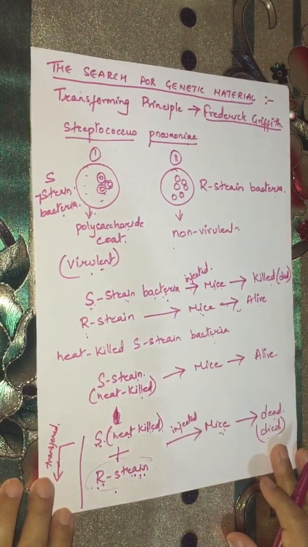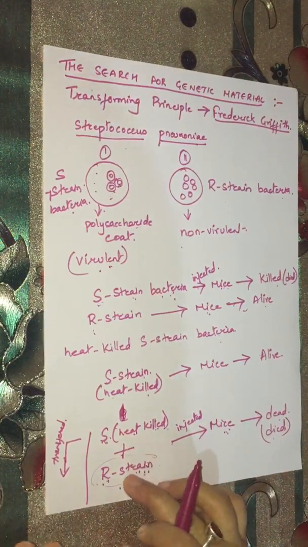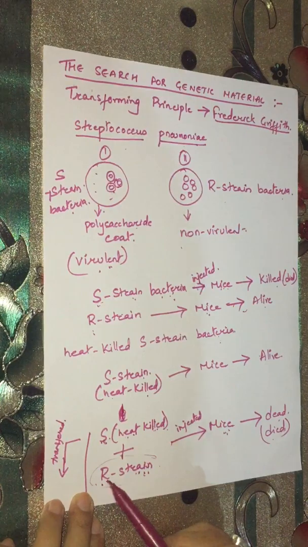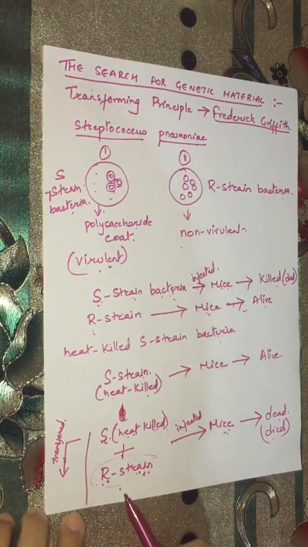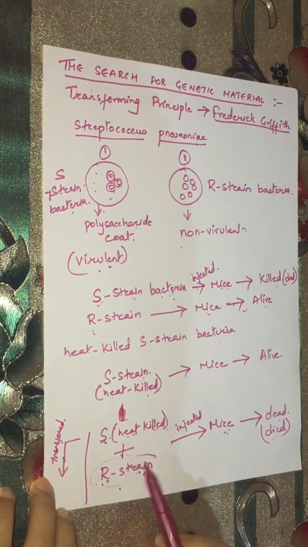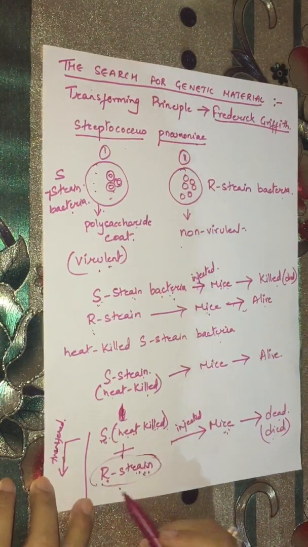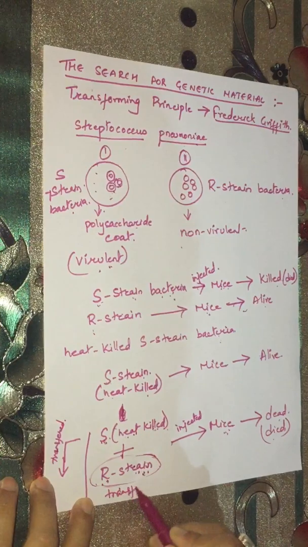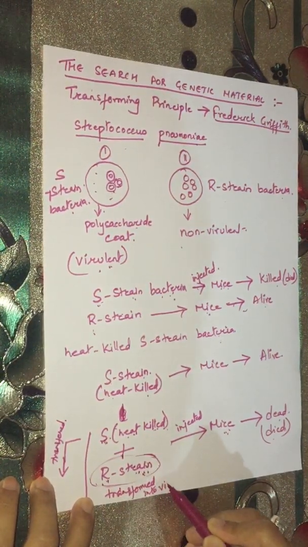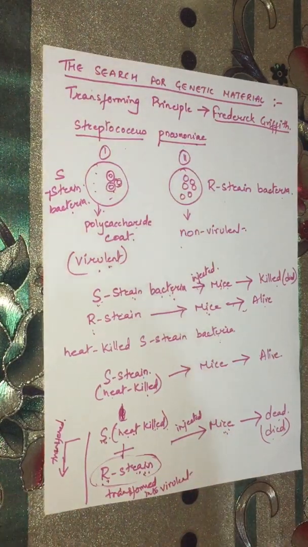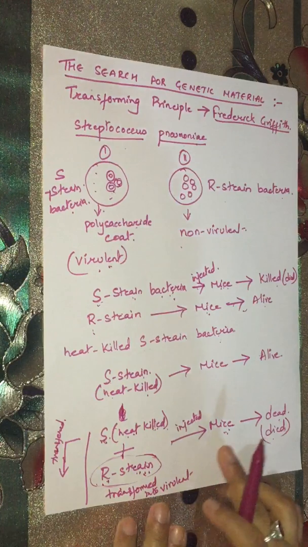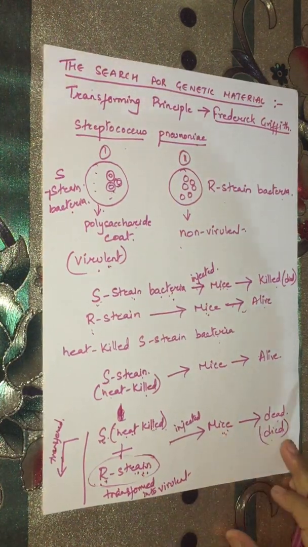Transferred means from one place to another, from the cell of S heat killed bacteria to R strain bacteria, and this transfer made this R strain bacteria transformed into virulent. And when they are injected to mice, mice died.